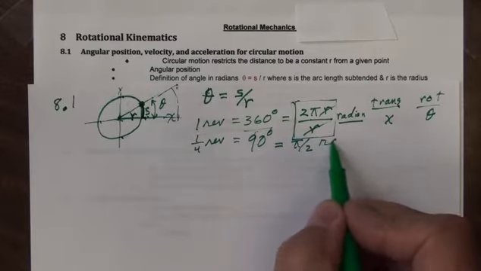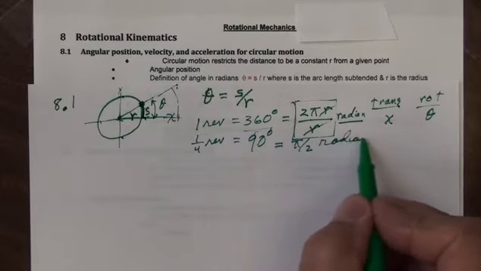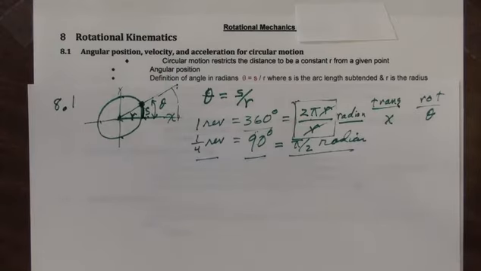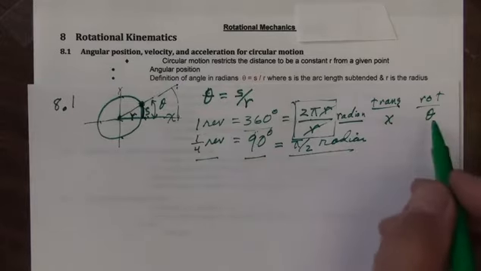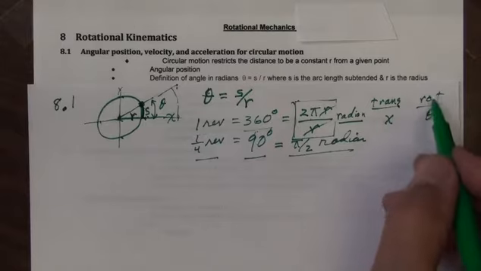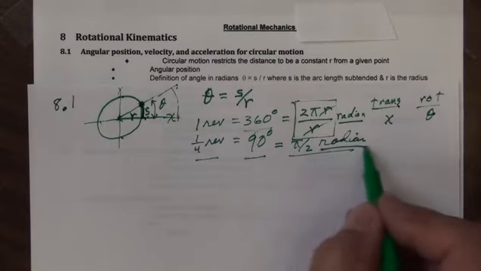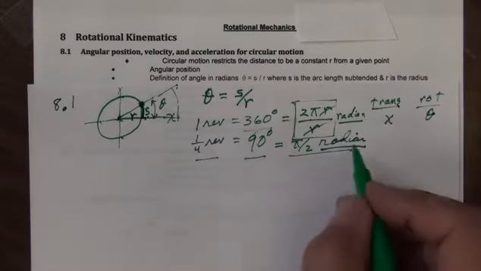So pi over 2 radians is the same thing as 90 degrees, or 1/4 of a revolution, or 1/4 of a period, if we're thinking of rotation. So now we have a new unit for rotation. That unit, measuring our angle theta, is the new concept of the radian.